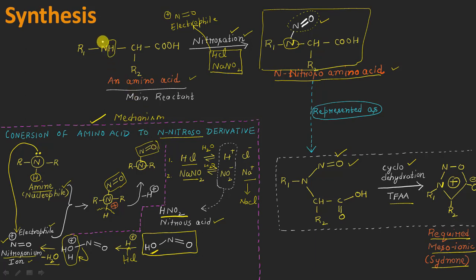So the same thing is happening here. The nitrogen lone pair will be attacking here in this way, resulting in the formation of N double bond O, and a positive charge will now appear here, which will lose a proton, H positive, and now it will result in the formation of this type of N-Nitroso derivative.